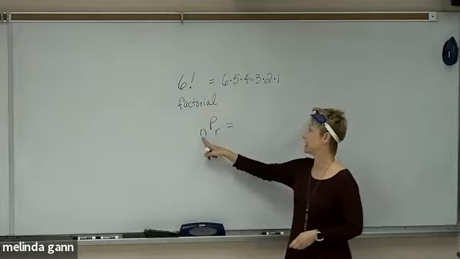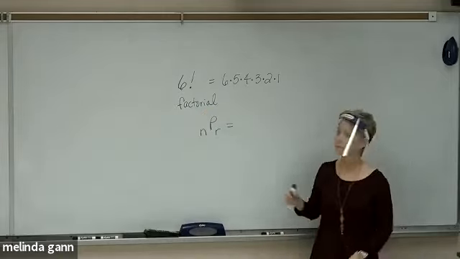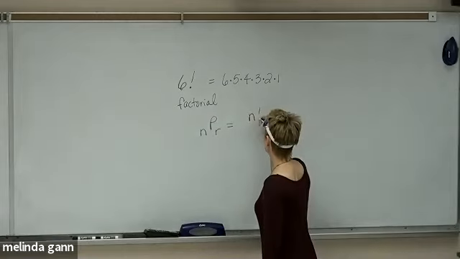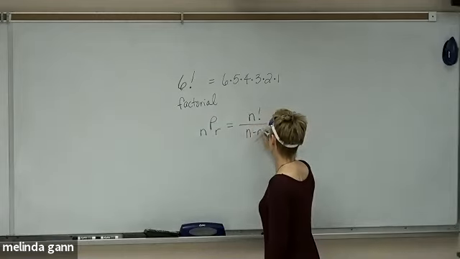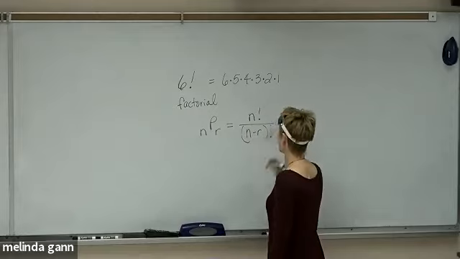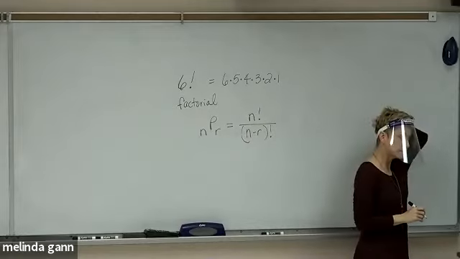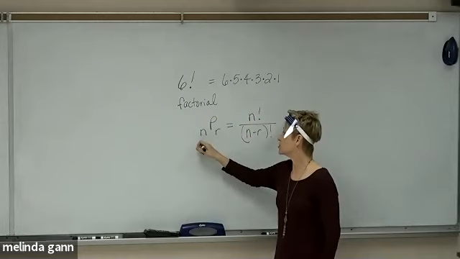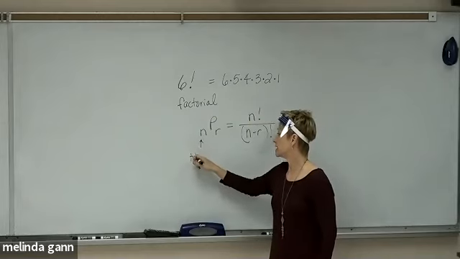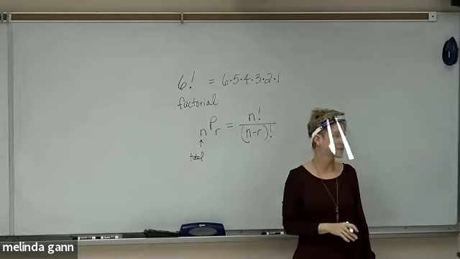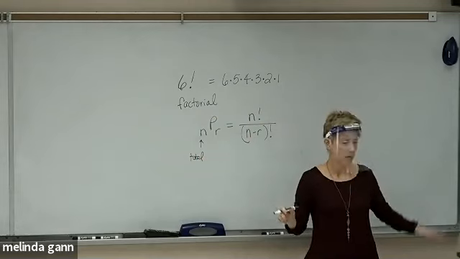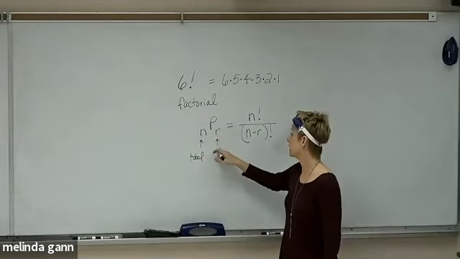There's a P, there's an N, and there's an R. It's N factorial over (N minus R) factorial. N is your total. Did I tell you in every formula what N was going to be the whole semester? Your total. R is how many you're picking.